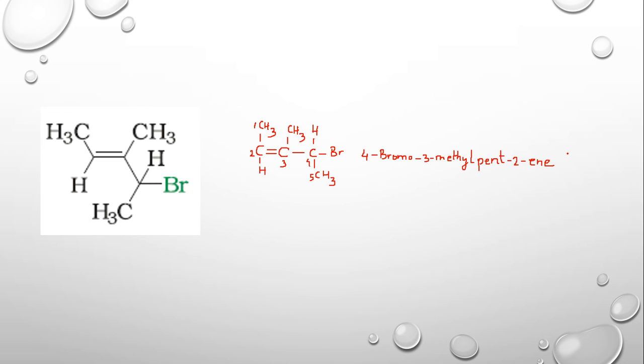So this is how the name is written: 4-bromo-3-methylpent-2-ene, or it can also be written as 4-bromo-3-methyl-2-pentene. Both are correct.